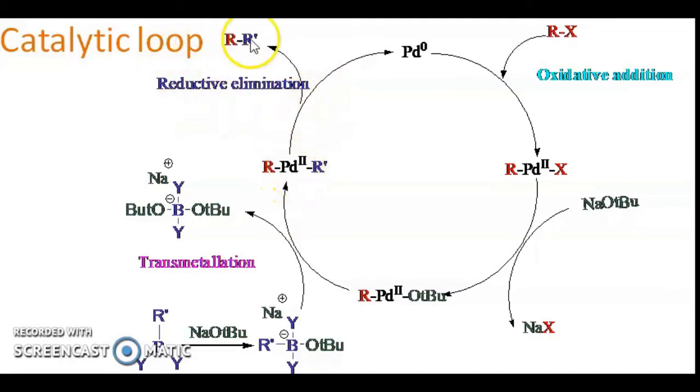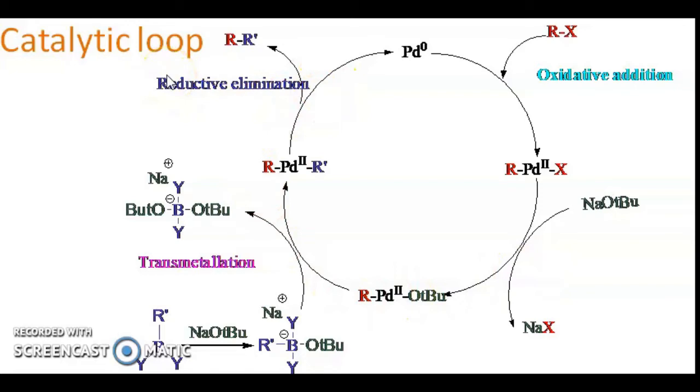And coming to the reductive elimination part, this proceeds with retention of stereochemistry. So here you have to remember, reductive elimination proceeds with retention of stereochemistry. That means whatever was the stereochemistry during the oxidative addition, the same stereochemistry is maintained over here.